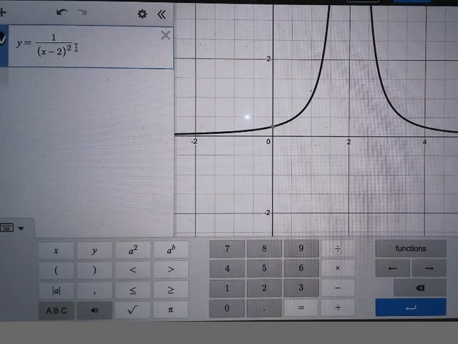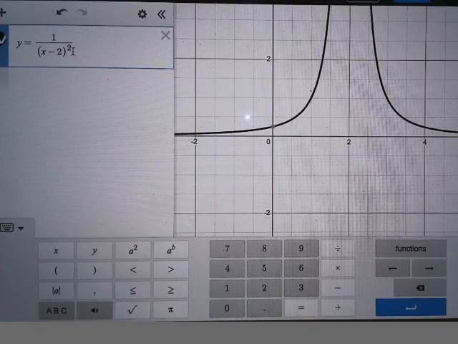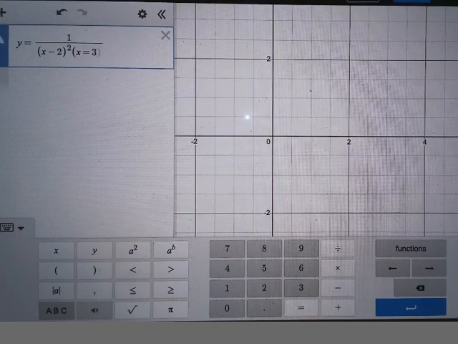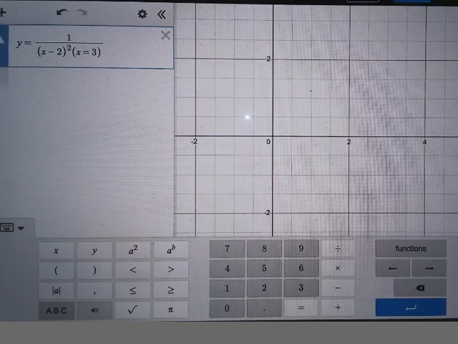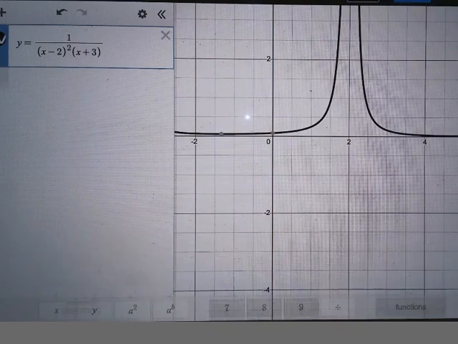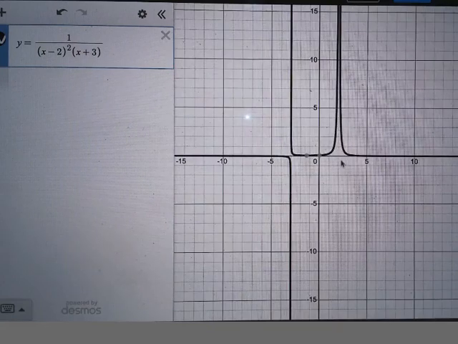Now, I'll leave that with the 2, and I'm going to put another factor down here, like x plus 3. Now, let's back off a little bit. You notice that it's avoiding 2 right there.